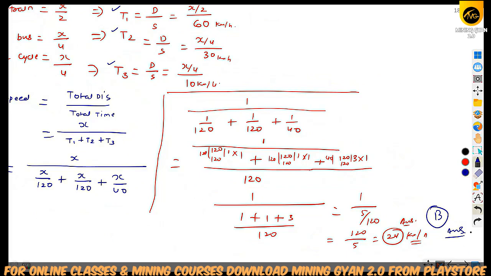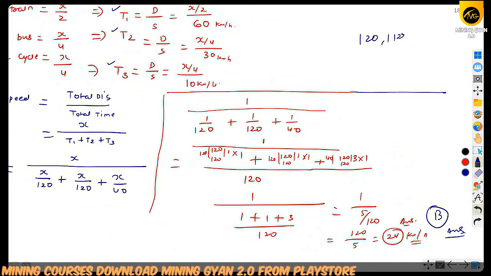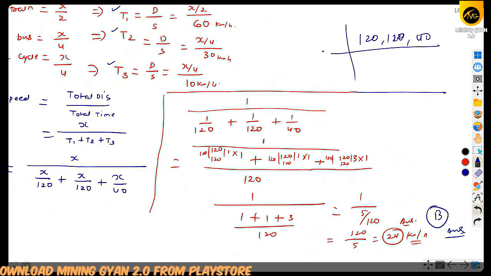Is it clear? Any doubt? LCM find. Okay, you are asking how to find out the LCM? If you want to find out the LCM of 120, 120 and 40, just use 10 as a factor, then it will be 12, 12 and 4.